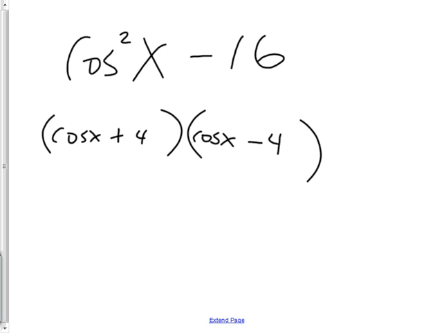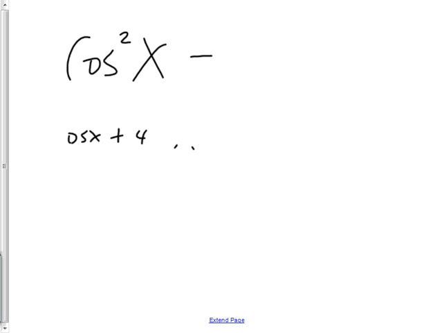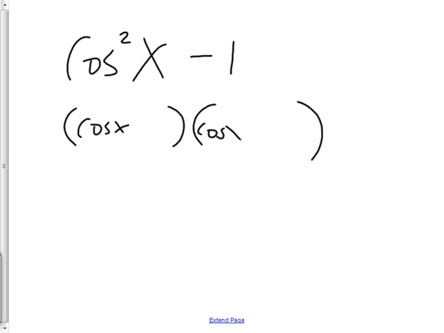That's not likely to happen, but this kind is. Factor that one. 1 is a perfect square just like all those others, 16 and 25 and 81. Cosine x plus 1, minus 1.